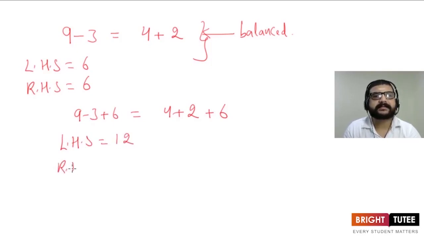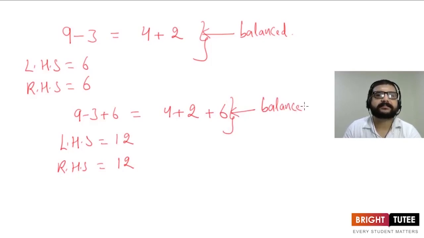And RHS is 4 plus 2, 6, and 6 plus 6 gives us 12 again. Now here also LHS is equal to RHS. Therefore again we can say this equation is still a balanced equation. So what can we conclude from here? If we add the same quantity on both the sides of a balanced equation, the equation will remain balanced.